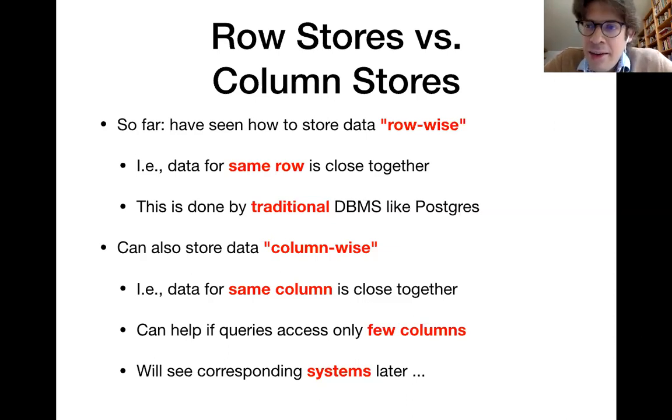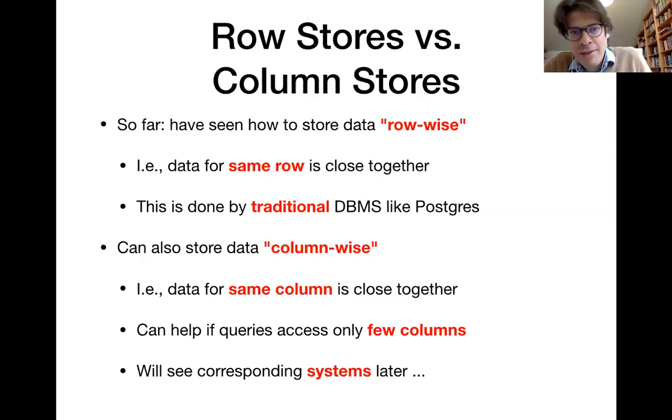Nowadays, there is another breed of database systems which stores data differently and rather tries to store data from the same column close together. That can be a performance advantage in cases where your queries tend to access only a few out of many columns of your tables.